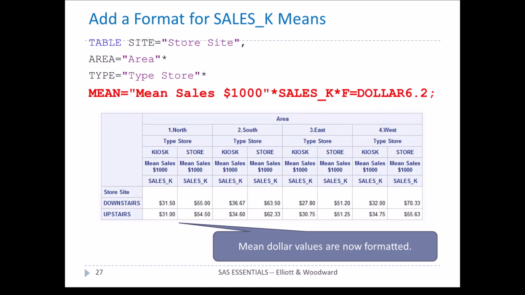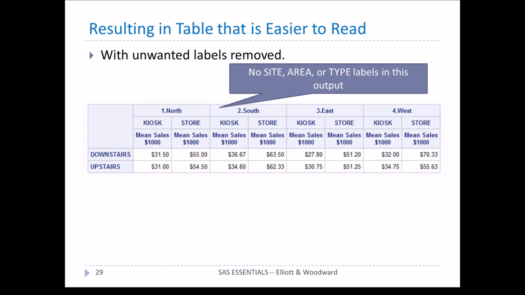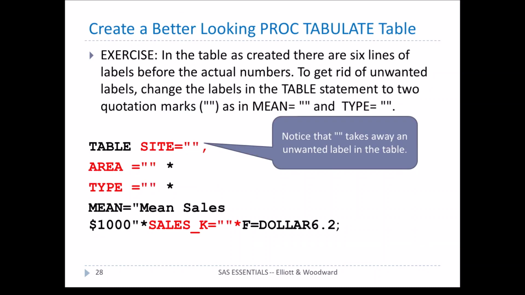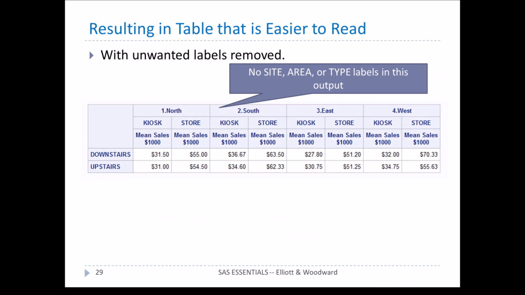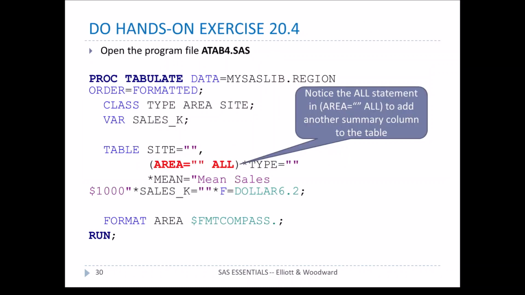We had a very busy table, and now a lot of those, like area equal blank blank, took away the area label there and gave us a nicer looking table. So you can play around with those things, remove any unwanted labels whenever it's obvious to you. So north, south, east, west, you would probably know meant the area that the store was in.